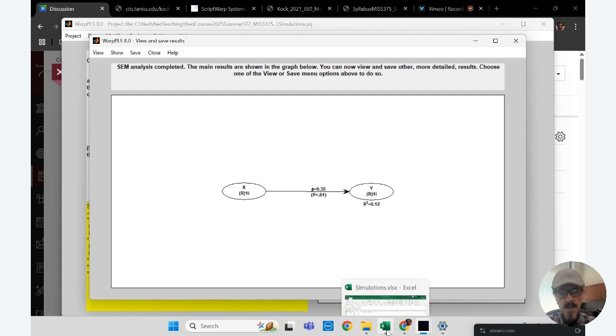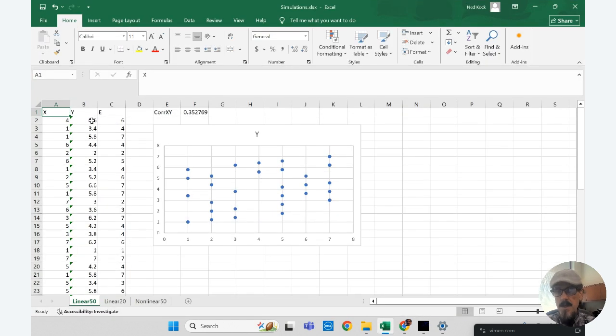I would use a formula like this to create the data set. There's always an error term here, otherwise the relationship would have a correlation of 1. So this is a linear relationship. I have a number multiplied by x, and that's the value of y that I'm creating, plus a number multiplied by an error term. And that gives me a relationship.